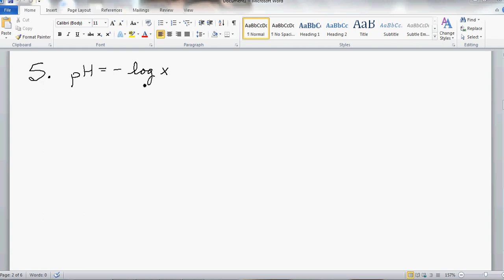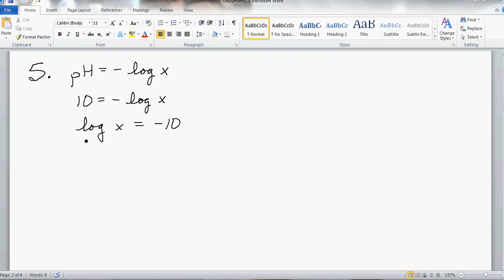Now, we are asked to find the hydrogen ion concentration if pH is equal to 10. So this is simply a matter of solving this problem. Plug in 10 for the pH, and then start solving from there. Divide both sides by -1, so that the logarithm of x is equal to -10.